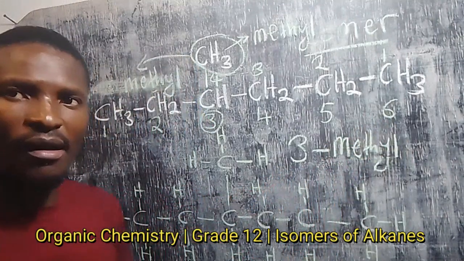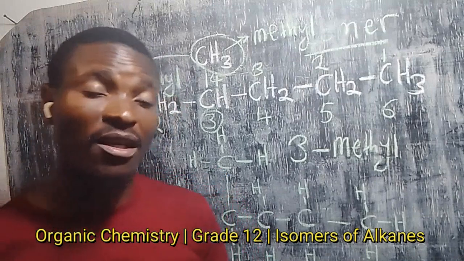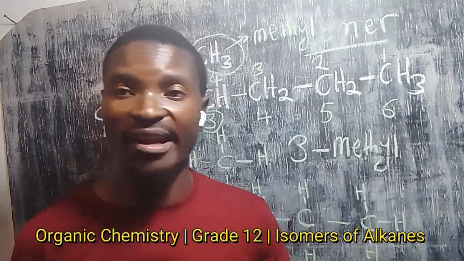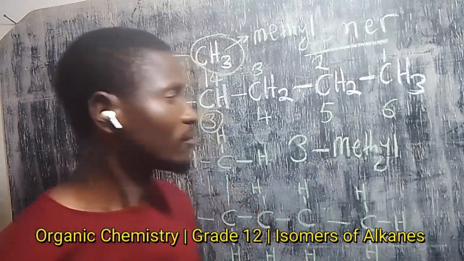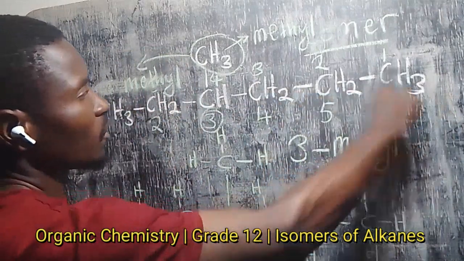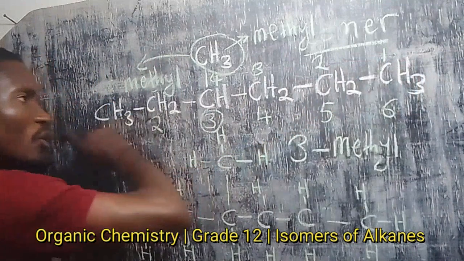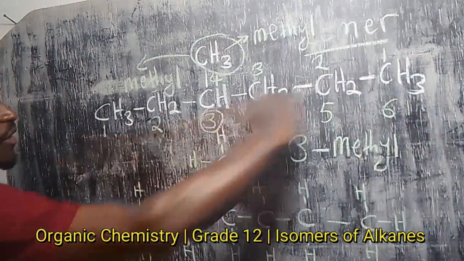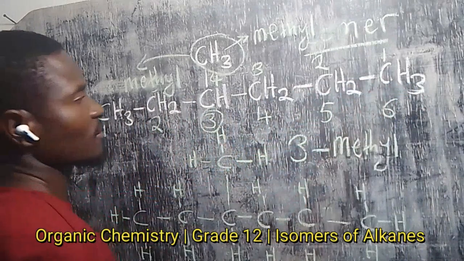Once you understand that, so 3 dash methyl. Now, what is the parent name? The parent name is actually the Greek name. So how many carbons are in this long normal chain, in the straight line? 1, 2, 3, 4, 5, 6.